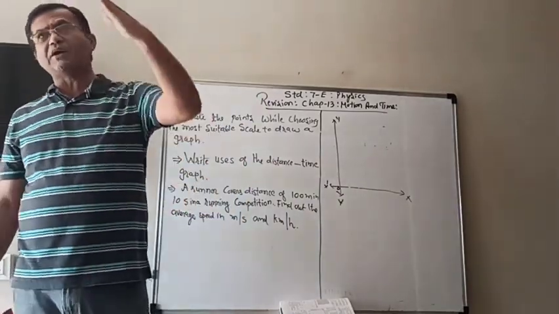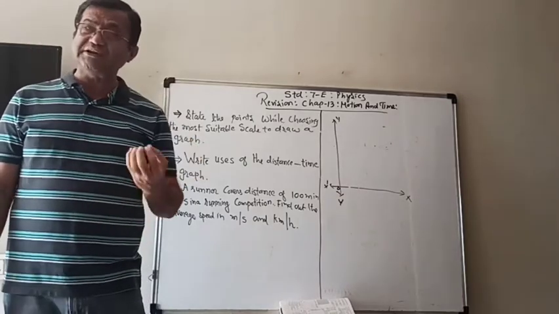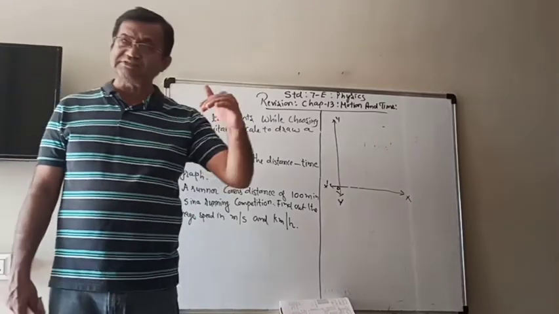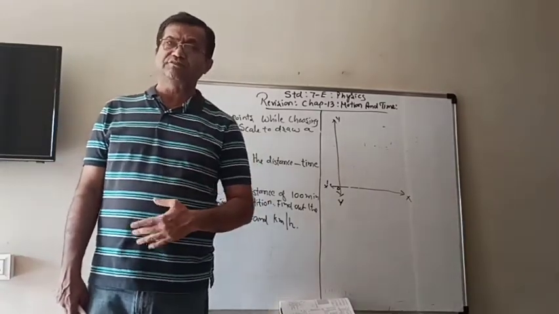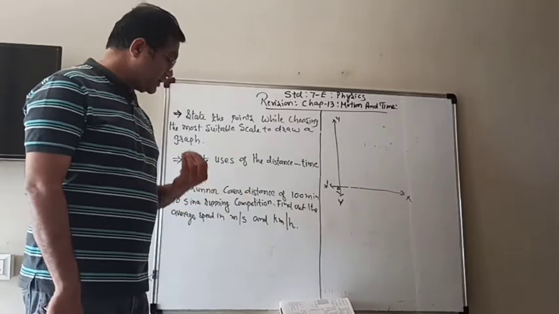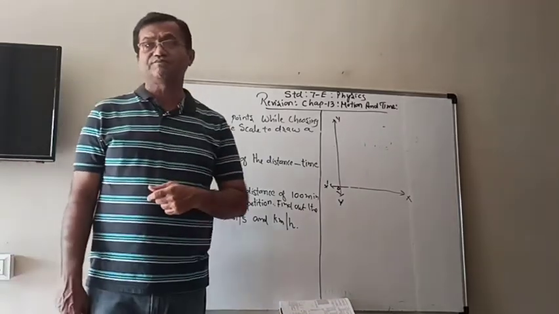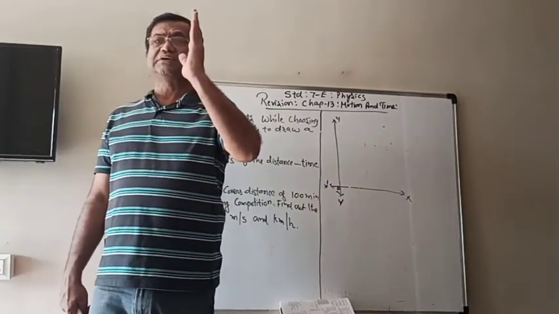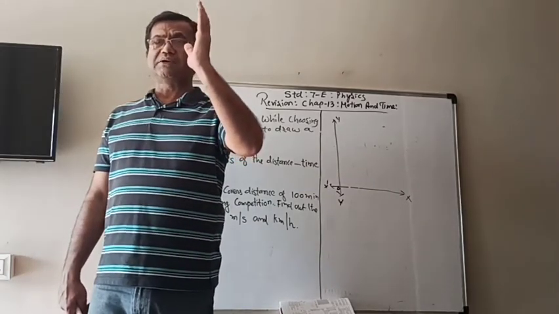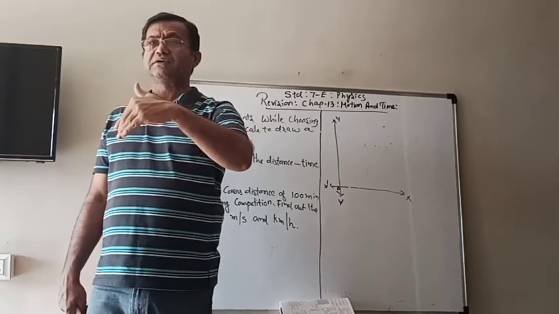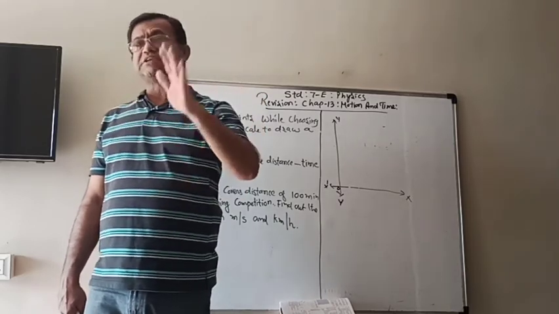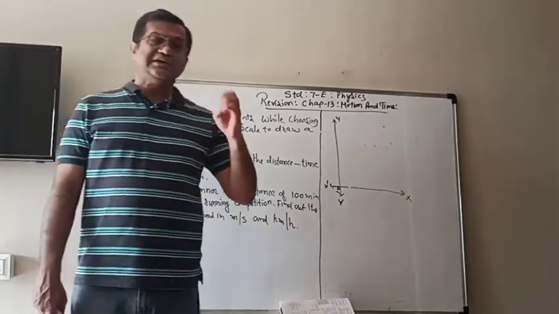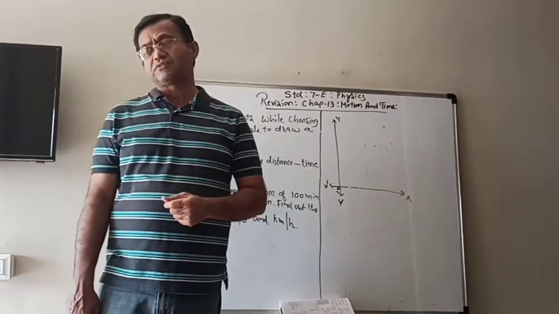If the graph is going upward, it means it is accelerated motion, but if it is going downward, it is the opposite motion, which is decelerated, or you can say retarded motion. And if it is zigzag, then sometimes it is increasing, meaning accelerated, and sometimes decreasing, meaning retarded motion. So from the graph we can get different types of ideas.